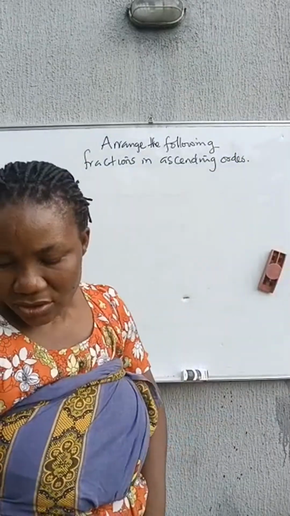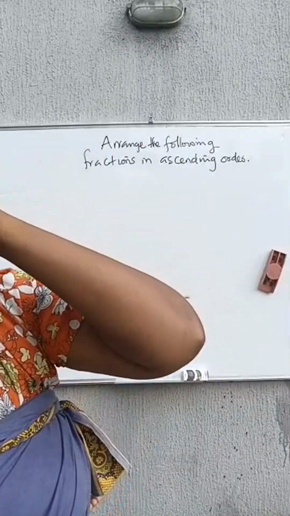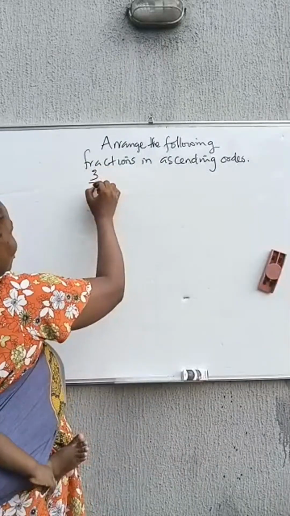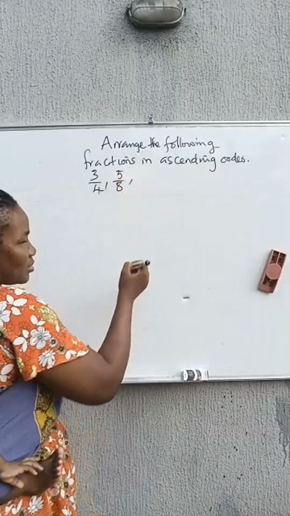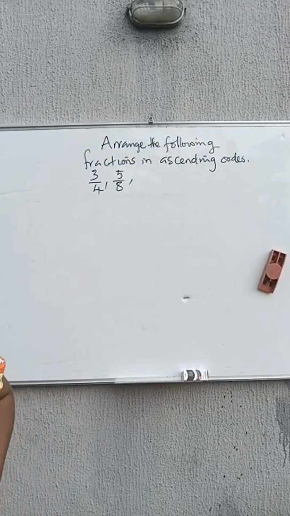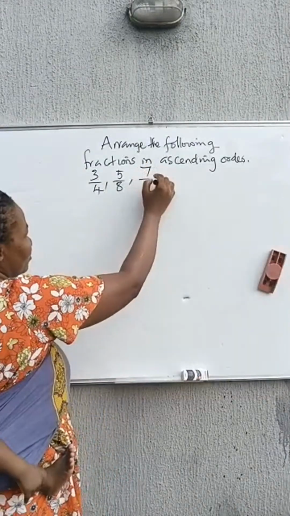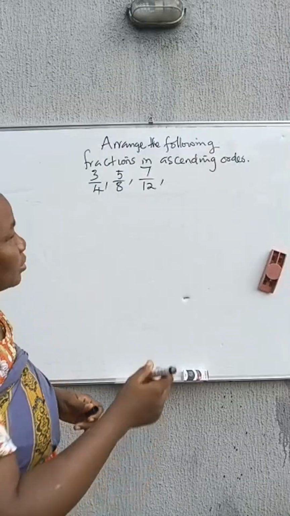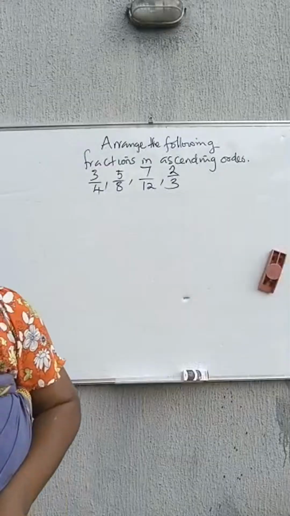Arrange the following fractions in ascending order. We have 3/4, 5/8, 7/12, and 2/3.